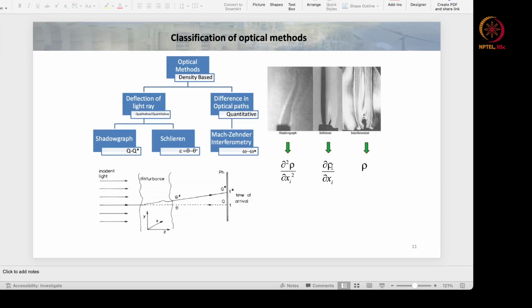And in Schlieren, of course, you have the first order derivative of the density with respect to x, y. And essentially this also means the gradient of refractive index with respect to x and y. Interferometry obviously will have just the absolute value, right?